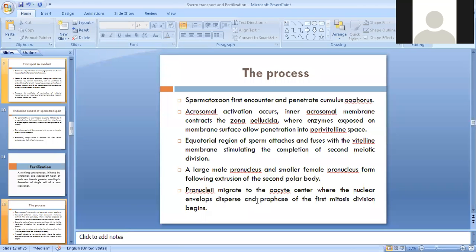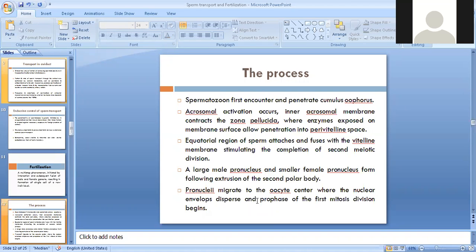Before, when ovulation occurred, there was completion of the first meiotic division, which led to the release of the first polar body. Once the sperm attaches with the vitelline membrane and stimulates the completion of the second meiotic division, there will be release of the second polar body in the perivitelline space, and the other part of the nucleus will remain inside the cytoplasm of the ovum.